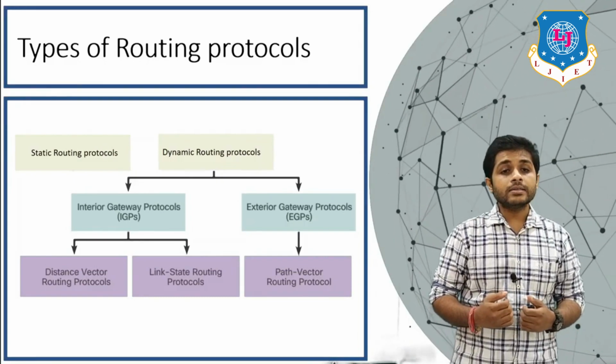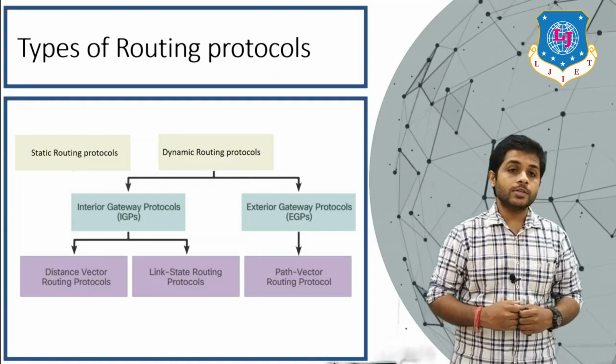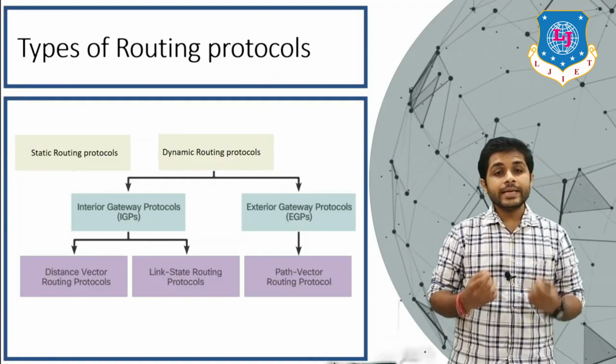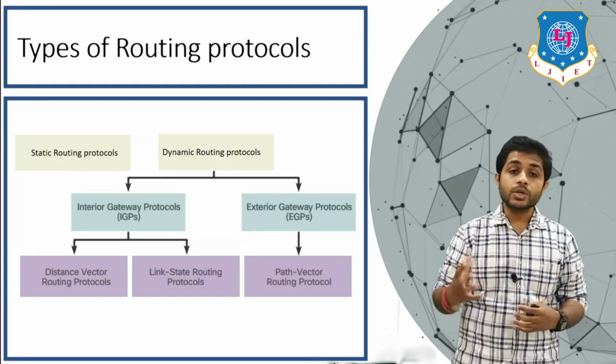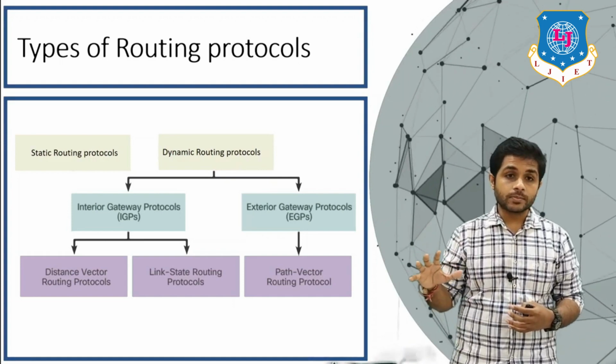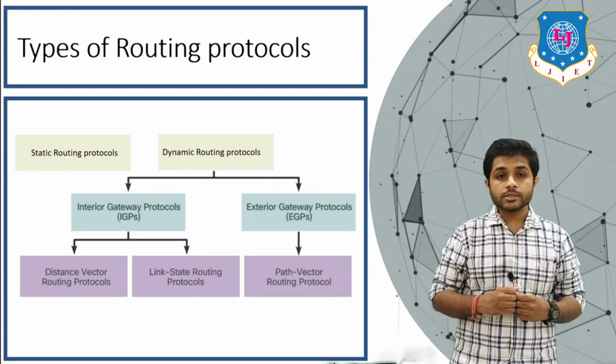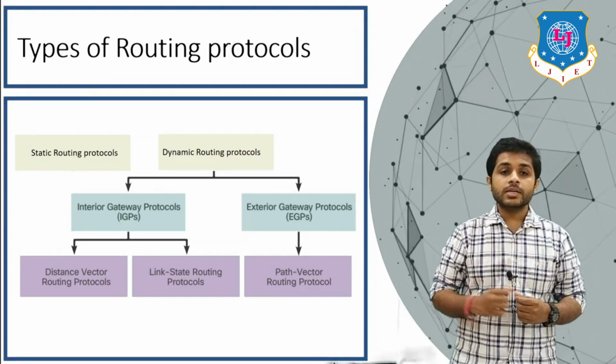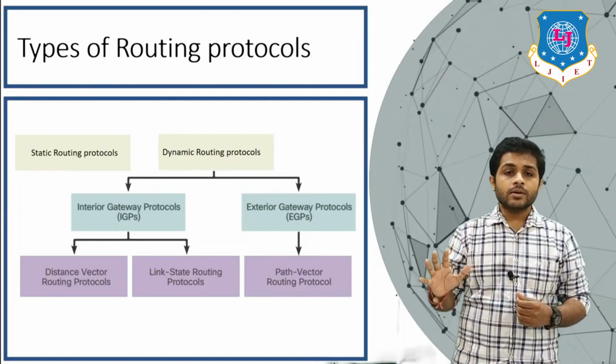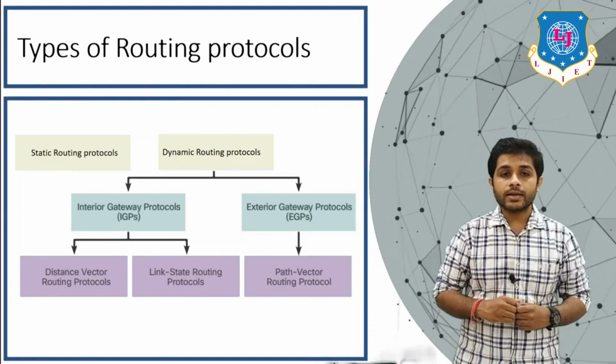Interior gateway protocols are used within an autonomous system. What is an autonomous system? An autonomous system is a network in a comparatively small geographical area.